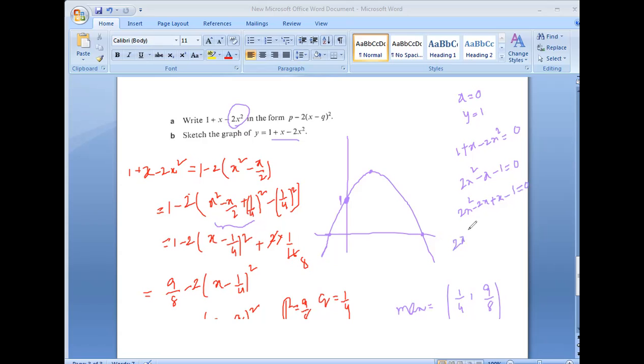Taking 2x common, 2x into (x minus 1), plus 1 common, (x minus 1) is equal to 0. Taking (x minus 1) common, we get (2x plus 1). So x is equal to 1 and x is equal to minus 1 by 2. This is how we have to simplify and draw the graph. This point will be 1 by 4 comma 9 by 8. Okay, is it clear?